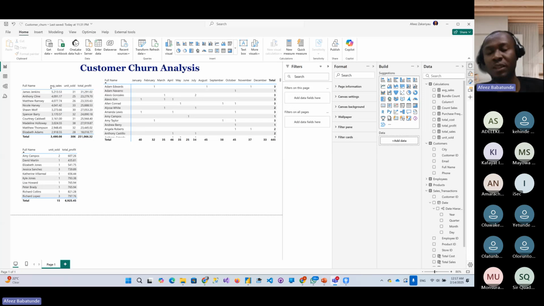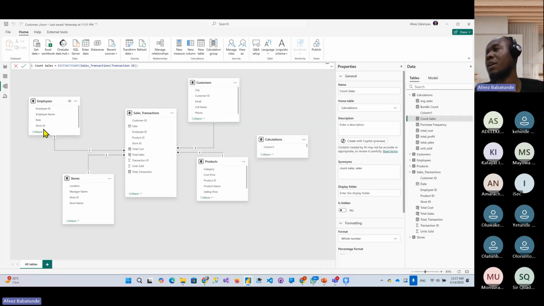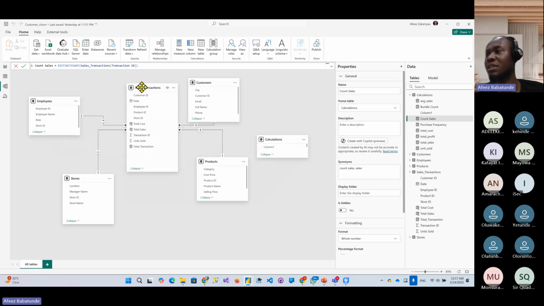But the moment you understand that, okay, if you have this table now, employee, and you have transaction, and you cannot find employee ID. Probably you only have the name of the employee and their role. And you have transaction ID here, and you have only employee name on this table. Now, if you want to link two tables with employee name, probably you were not the one that built the database.